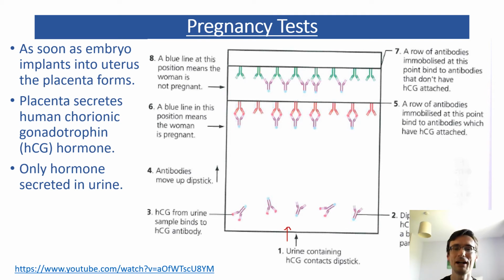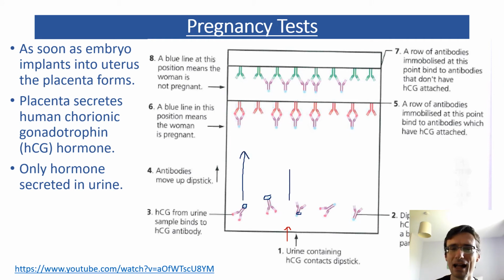Most pregnancy tests work using either blue or red beads effectively. So what you would have is monoclonal antibodies that have a bead attached to them. You probably can't see it that well on this diagram, but there's a bead there, and a bead there, and a bead there, etc. Now if the hormone attaches to the antibody, the hormone and the antibody will form an HCG antibody hormone complex, and they will start to move up the stick.